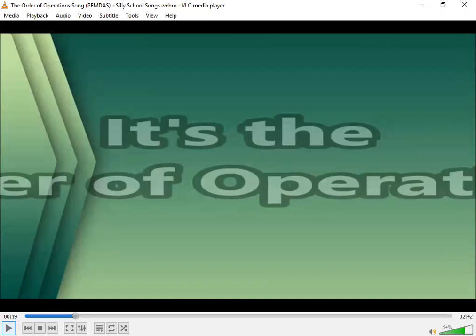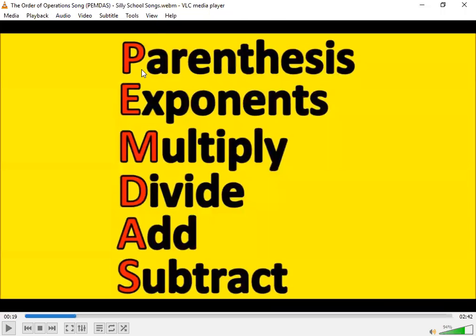As you see here in front of you, we have 5 main words for order of operations. So we can say the word BIMDAS. BIMDAS stands for P for the parentheses, E for the exponents, M multiply, D divide, A add, S subtract.